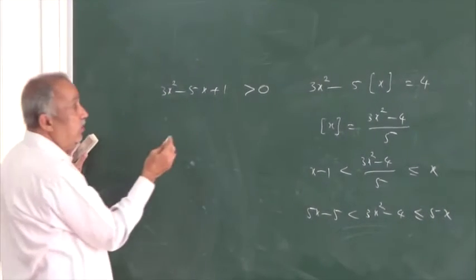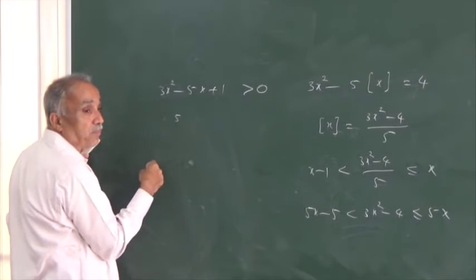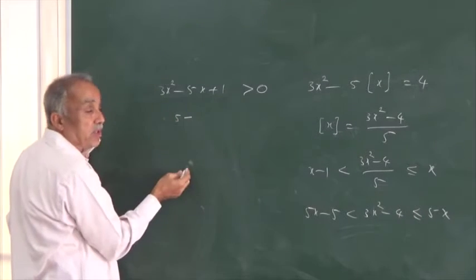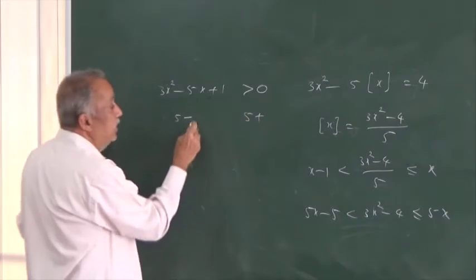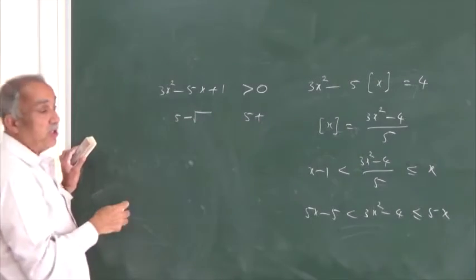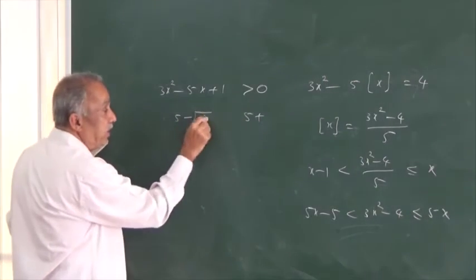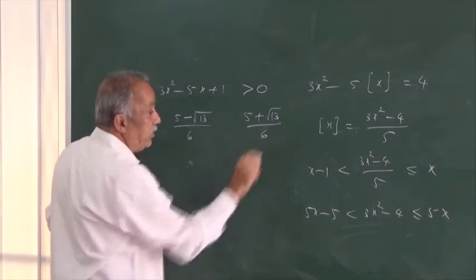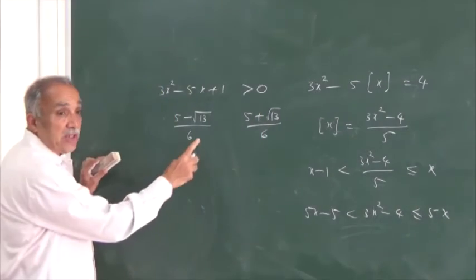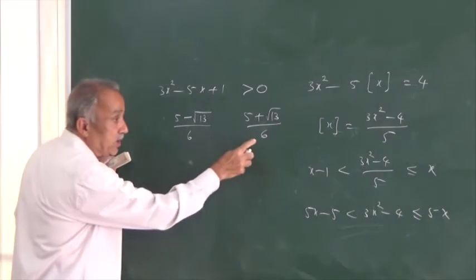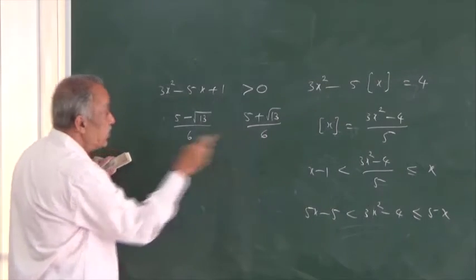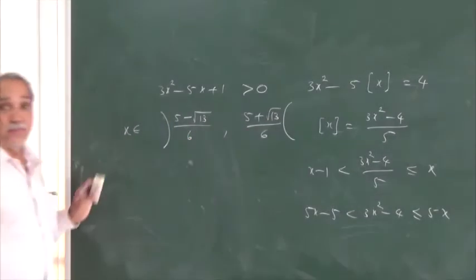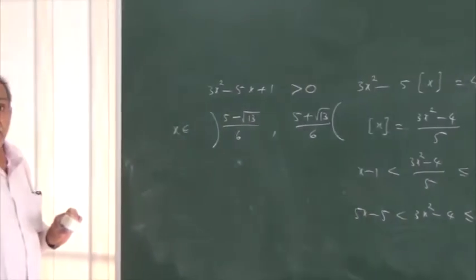What are the roots of the equation? (−b ± √(b² − 4ac))/2a: (5 − √13)/6 is the lower root and (5 + √13)/6 is the upper root. x must lie outside the roots, excluding the actual values of these numbers, which means x belongs to the exterior of the interval. Agreed?